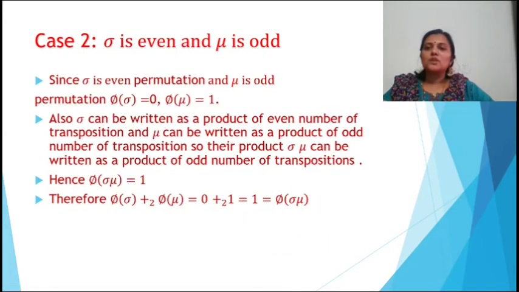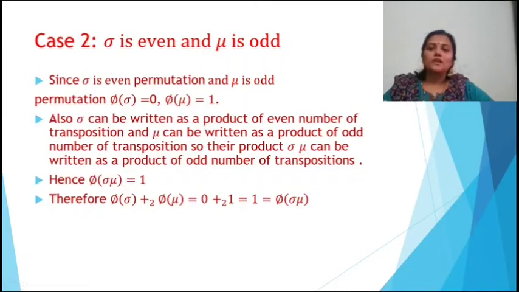Now case 2: take sigma is an even permutation and mu is an odd permutation. So sigma is an even permutation, so phi of sigma is equal to 0, and mu is an odd permutation, so phi of mu equal to 1. By definition sigma is even, so sigma can be written as a product of even number of transpositions and mu can be written as a product of odd number of transpositions.